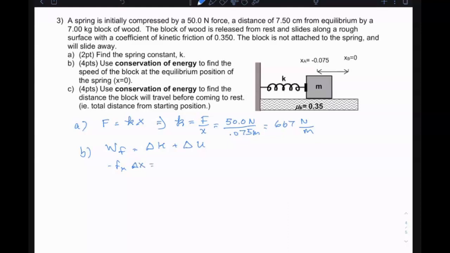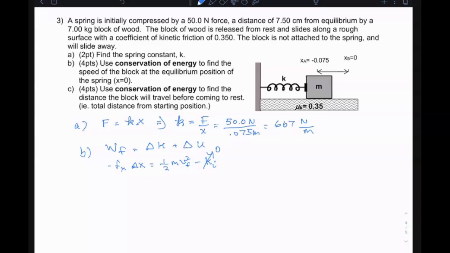And the change in the kinetic energy is equal to 1/2 m v final squared, where v final is the velocity when x gets back to x equals 0. And then we subtract from that the initial kinetic energy, which is 0, because it's at rest.